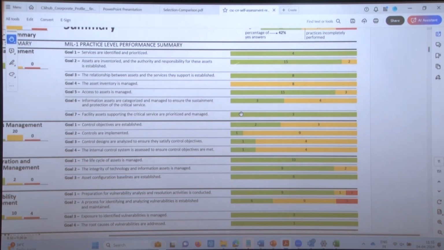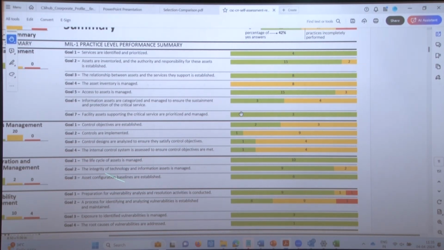So you see that in asset management we are yellow, because the domain gets the color that is the lowest of all the different goals. Then the next one is control management. In control management we seem to be not so good.